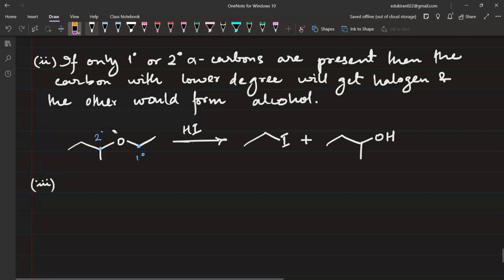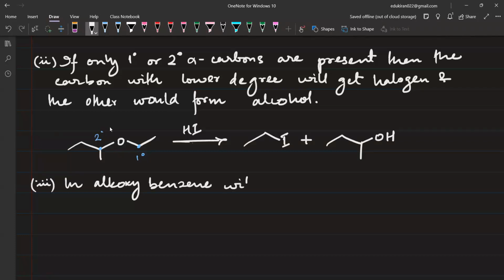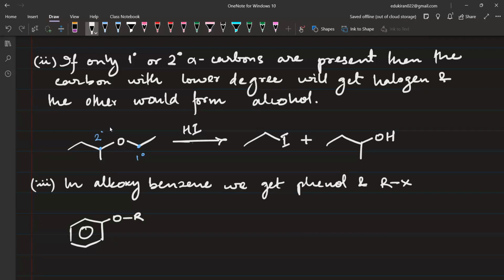In alkoxybenzene, we get phenol and RX. तो आपके पास अगर you have O and alkyl group, when you treat this with HI, see, breaking of this bond is very difficult now.